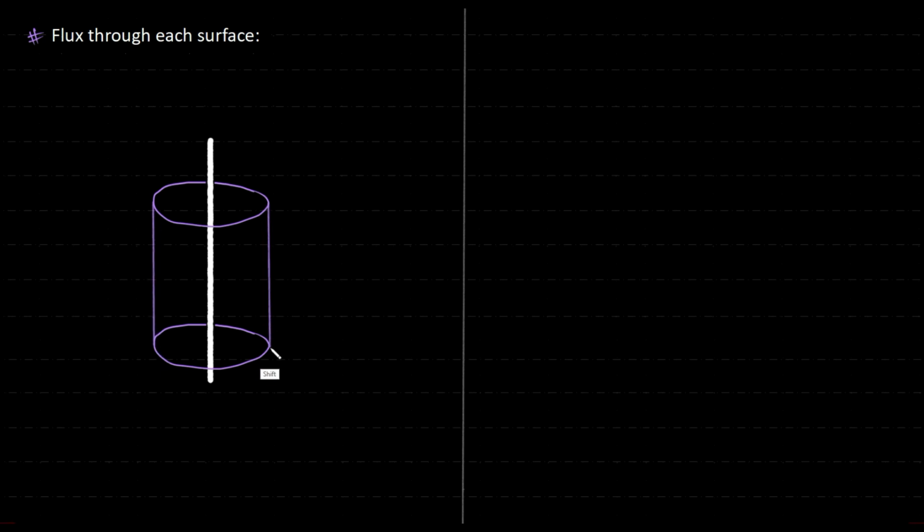This is your imaginary surface, right? And this has a charge density of lambda coulomb per meter. This has a radius of r and this has a length of L. It's the Gaussian surface. The wire itself is infinitely long.